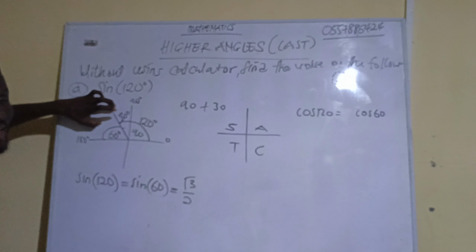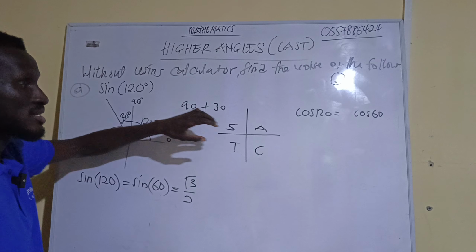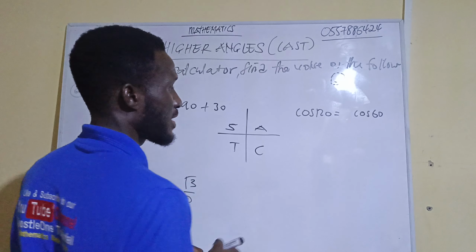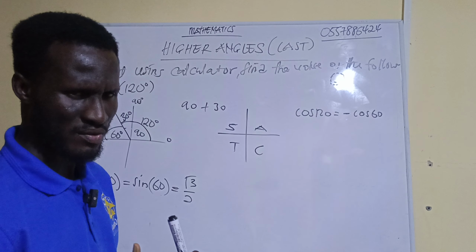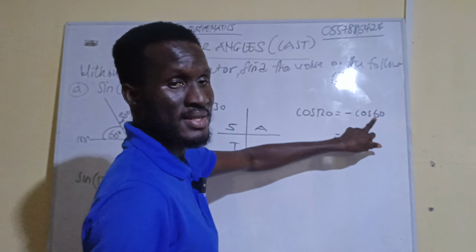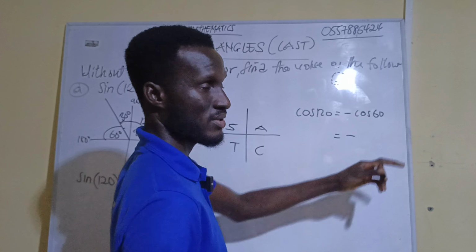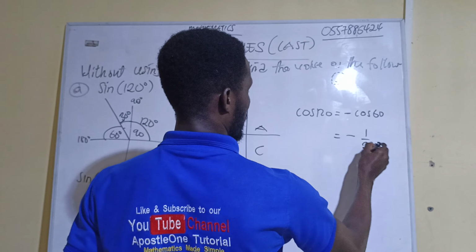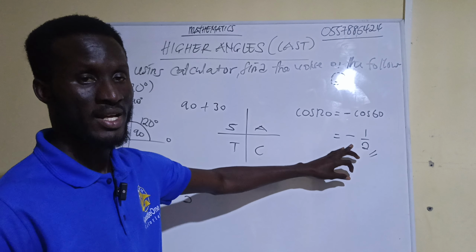This one is the angle in the second quadrant, and in the second quadrant, the cosine is negative. So I need to negate this one. I hope you are following. Now, this 60 is a special angle, so it's supposed to be in your head. So we have negative cos 60, which is 1 out of 2. So the answer for cos 120 is negative 1 out of 2.